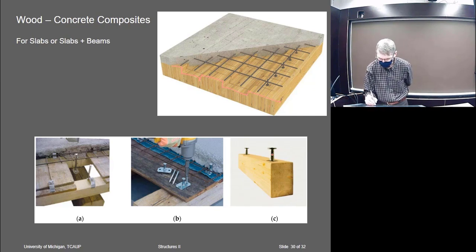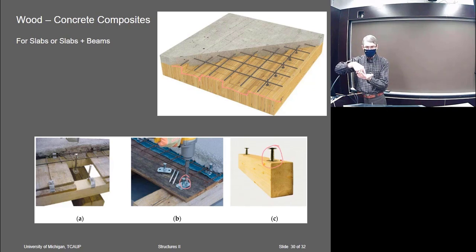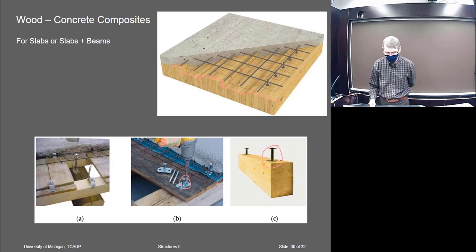They've got these special ties that look kind of like the Nelson studs you use on steel construction, but they're screwed into the wood with pretty substantial screws, and then those tie to the concrete.